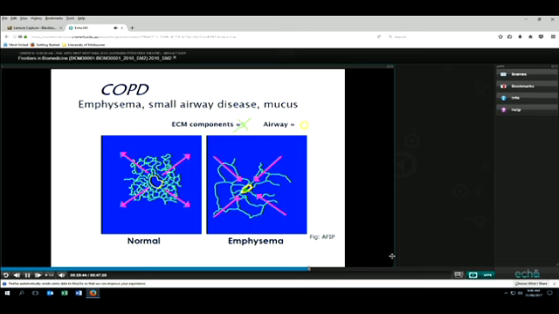If you remove that supporting lung architecture, the airways start to collapse shut, and that is part of what contributes to airway narrowing and airflow obstruction. It's also a critical contributor to gas trapping in COPD, which is a much greater feature of COPD than it is in asthma. Gas trapping or hyperinflation.